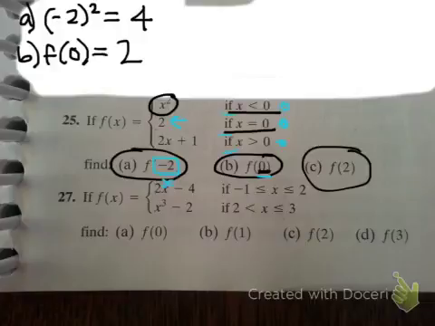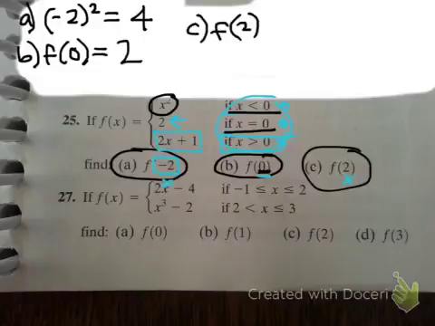So here's the last one, f of 2. Your x in this case is 2. Is x less than 0, equal to 0, or greater than 0? In this case it's 2, so it's greater than 0. So we are going to use 2x plus 1.